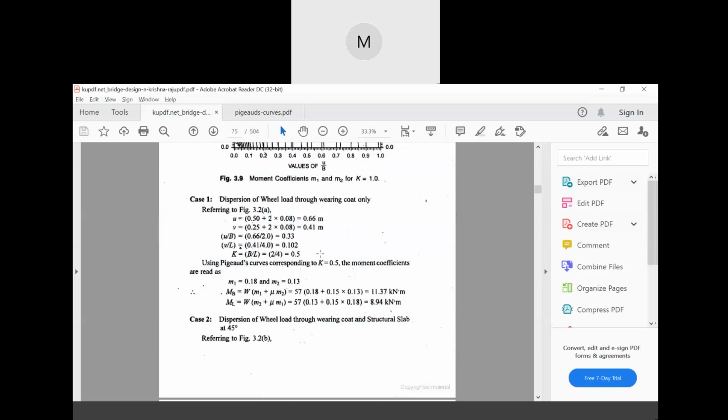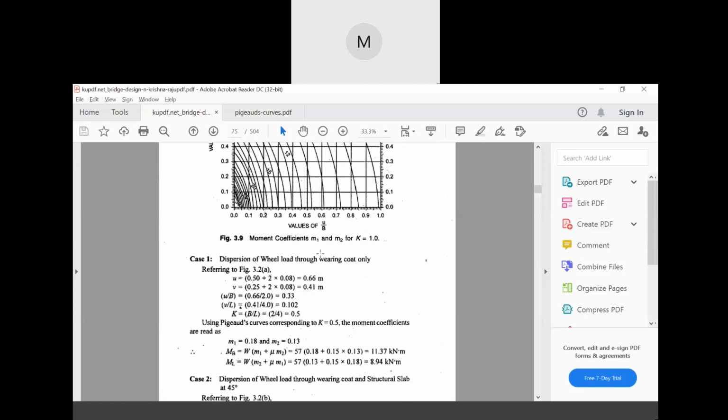And you have to find out k equal to B by L. Now, once you have found out u by B and v by L, this capital B and capital L are all given in the question itself. Okay. So now if you find out k, equal to what? Small.